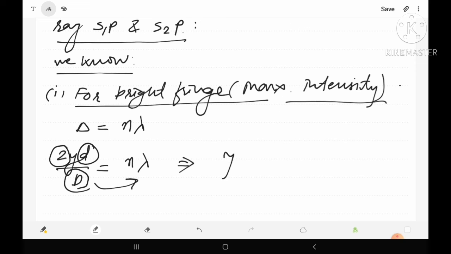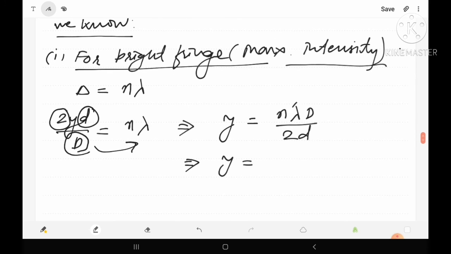Then we have y is equal to n lambda capital D upon 2 into small d. Since lambda D upon 2d is constant, y equals n lambda capital D upon 2 small d.